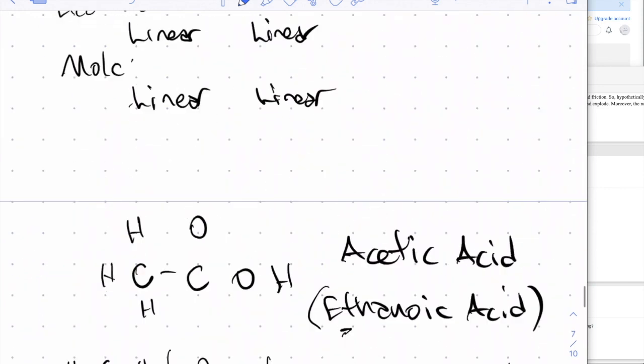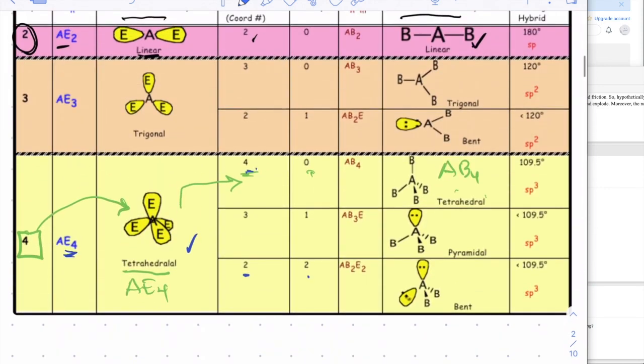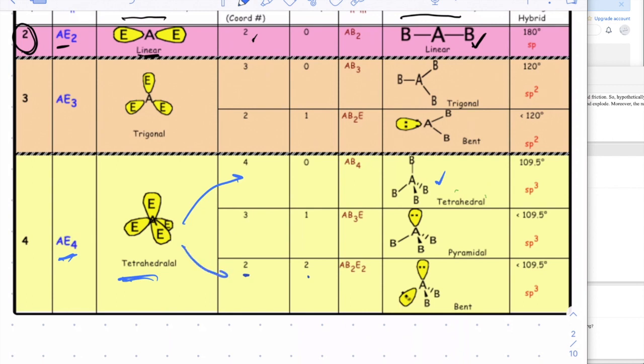If we go back to our chart, that's this right here. Okay, we are right here. So our electronic geometry is tetrahedral. In one case, we had tetrahedral molecular geometry, but the oxygen here is going to be 2 bonded atoms, 2 lone pairs.